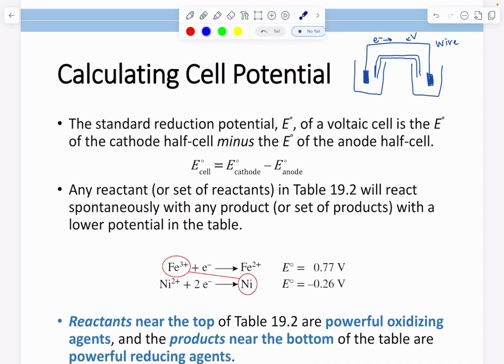The standard reduction potential of a voltaic cell is the standard reduction potential of the cathode half-cell minus that of the anode half-cell. Remember that the anode is where oxidation occurs. The cathode is where reduction occurs.